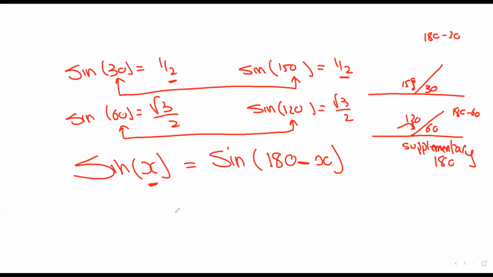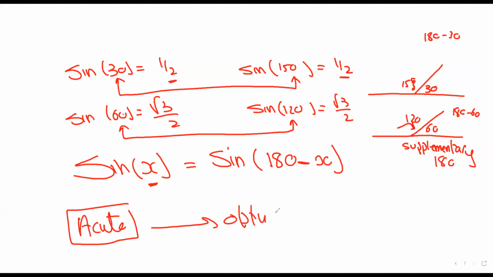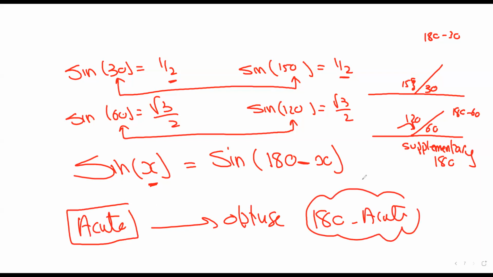So if the question requires a certain angle and the angle you got from the calculator is acute, remember that if you wish to find the obtuse angle, you just subtract your answer from 180. That was a trick that came several times in so many questions, in so many exams.